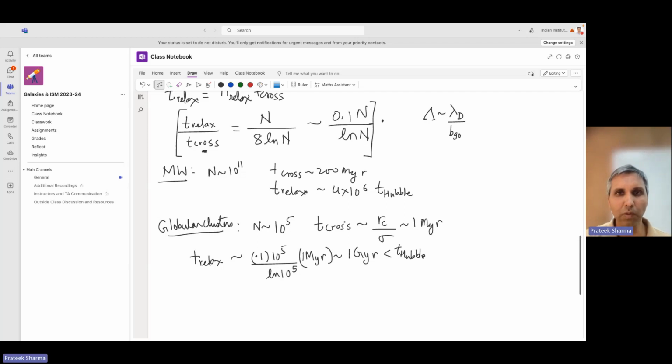So what does this mean? What it means is that over the lifetime of a globular cluster, you have to worry about relaxation. What relaxation normally means is that different stars in globular clusters have had time to exchange energy, right?